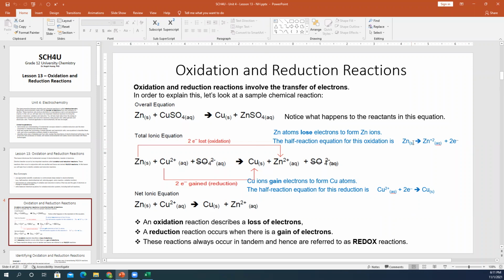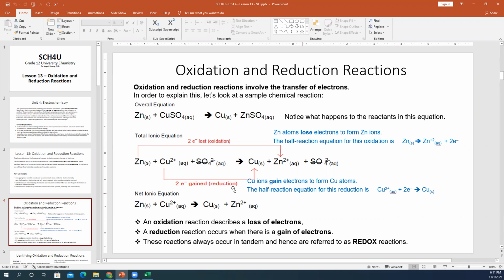So the zinc atom loses electrons to become zinc ion plus the 2 electrons that it's lost. So overall, this side of the equation is now equal to this side of the equation. And the same with the copper. The half reaction for this copper is the copper ion has gained 2 electrons to become copper atom.